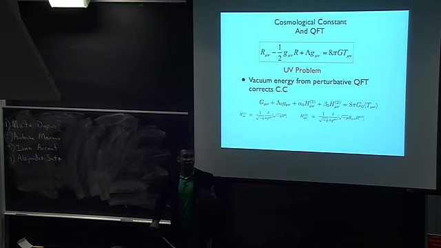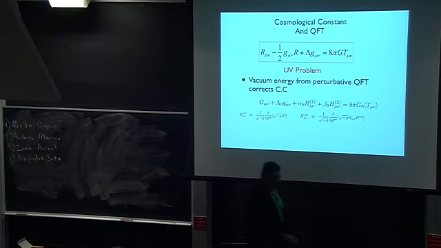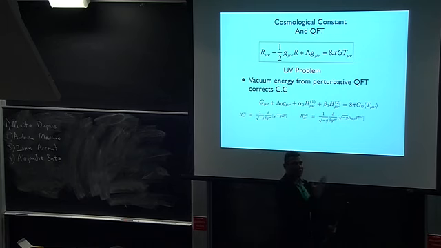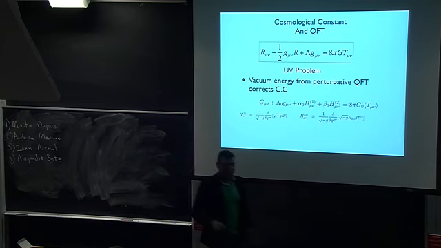It's the same issue why we can't calculate the bare mass of the electron in quantum field theory. So if you want to solve the cosmological constant problem using field theory, you have to determine what these parameters are so as to tune lambda, the effective cosmological constant, which includes the bare cosmological constant and these corrections, to be 0.